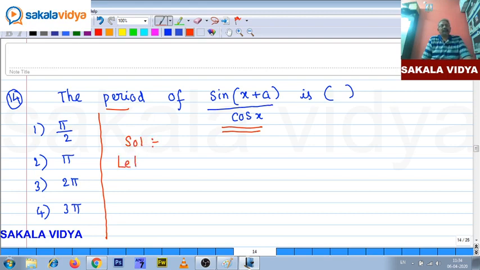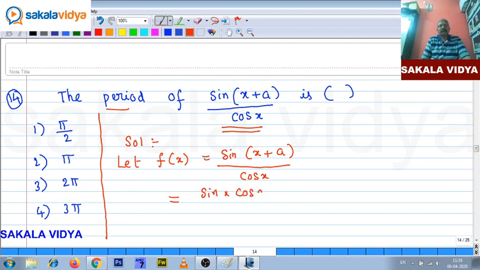Let us say f of x is equal to sin of x plus a by cos x. Sin of a plus b formula: sin x cos a plus cos x sin a upon cos x.